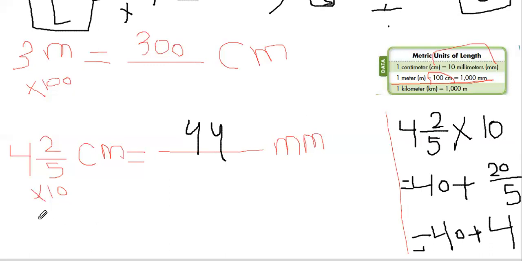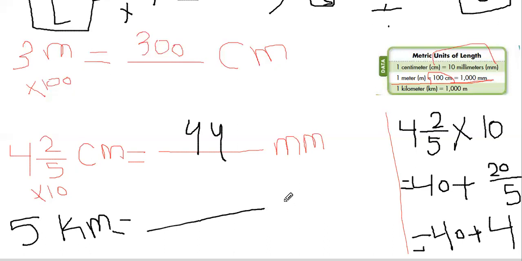If I ask you girls for one more example, 5 kilometers equal how many meters? Begin with the end in mind again. 1 kilometer is 1000 meters.